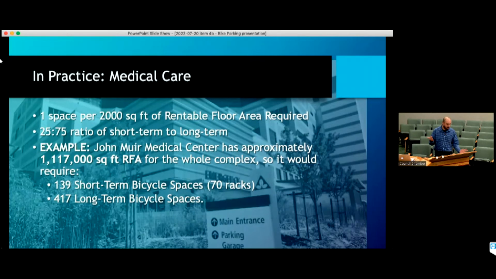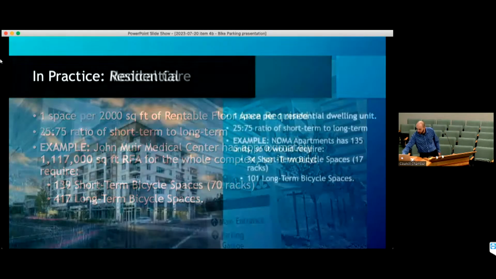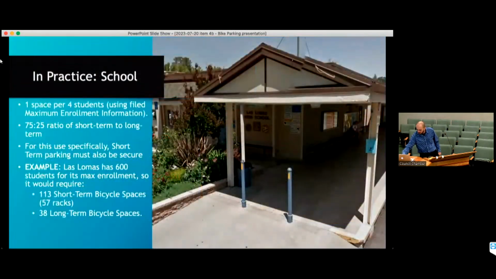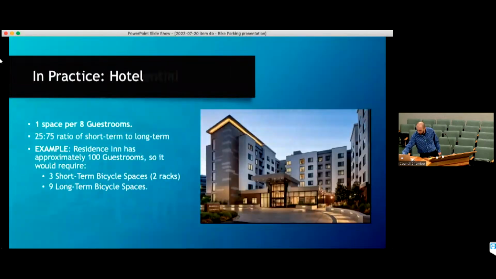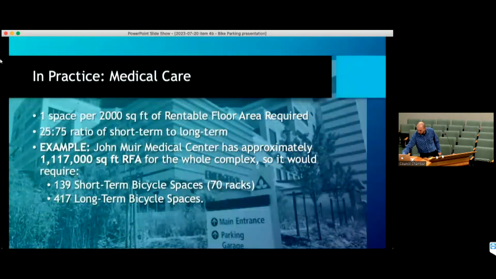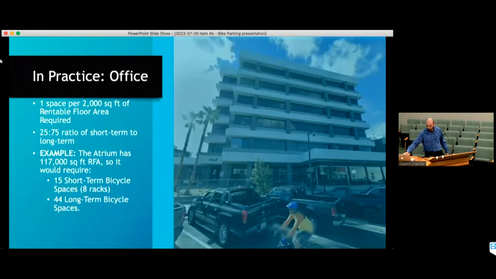But if you look at office buildings in Davis, they are 1 per 1,500 square feet. We proposed 1 per 2,000, and they also use gross. So in practice, we had 44 with these, and Davis would require 60, for example.